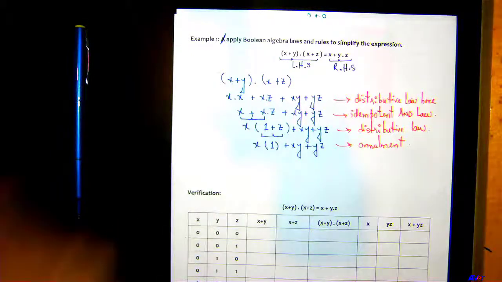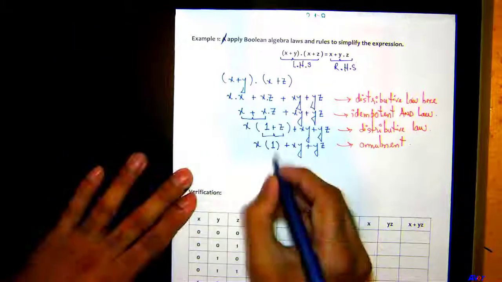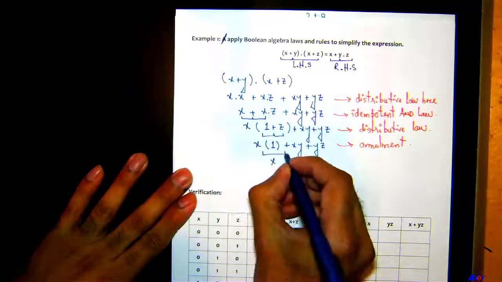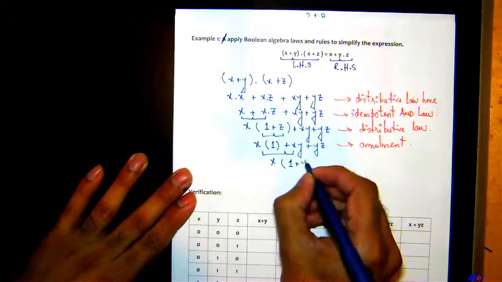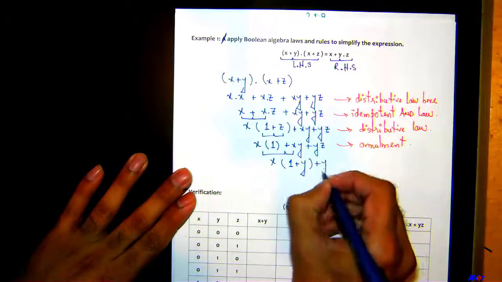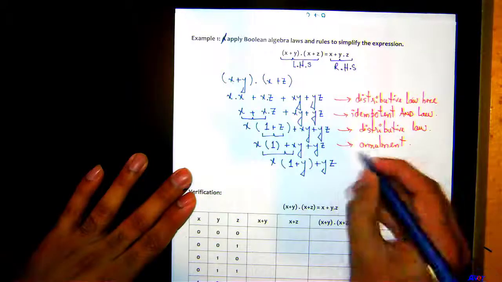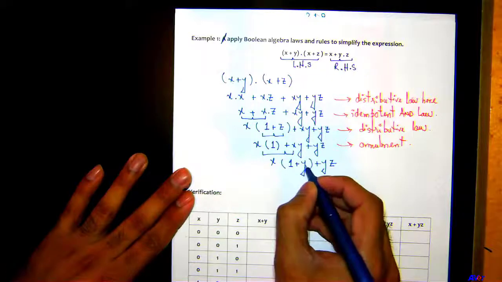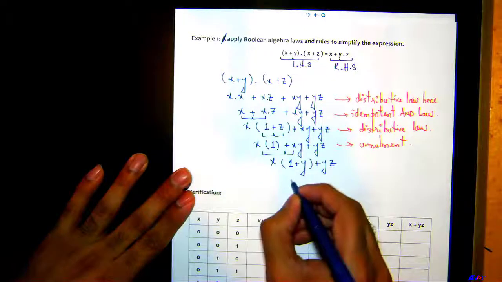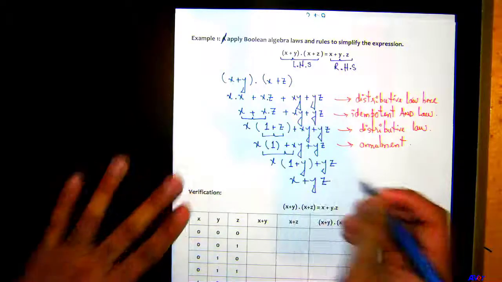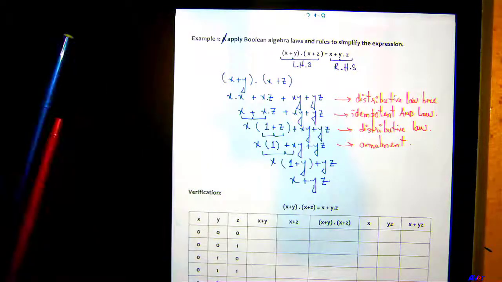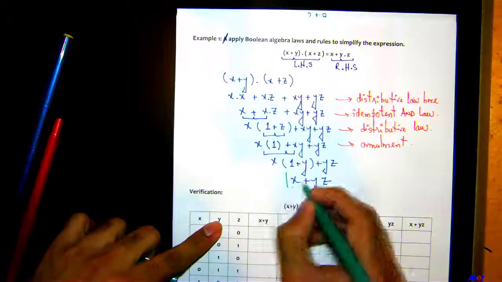If I take x common again between these two terms, I get 1 plus y plus yz, right? And then we know 1 plus y is going to be 1, so this comes out as x plus yz, right? And this is what we were aiming for. This is equivalent to the right hand side.